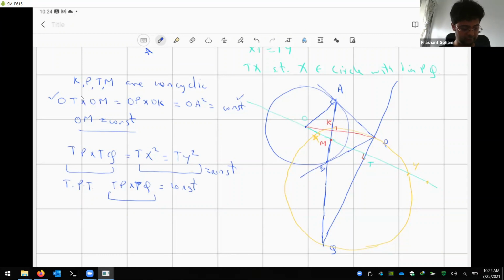If you find some XQP and then XP square is PT into TQ. I think you're on the right track, but I'm not able to hear properly. So, are you talking about some similar triangles? Kind of. At least my approach is some similar triangles. So, can you spot which similar triangles can help us find the ratio or the product TP into TQ?